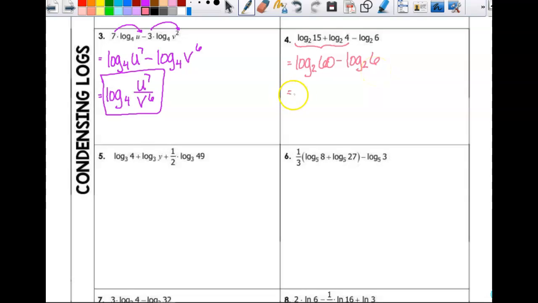So then that gives me log base 2 of 60 over 6, which leaves me with log base 2 of 10. We good? Okay.